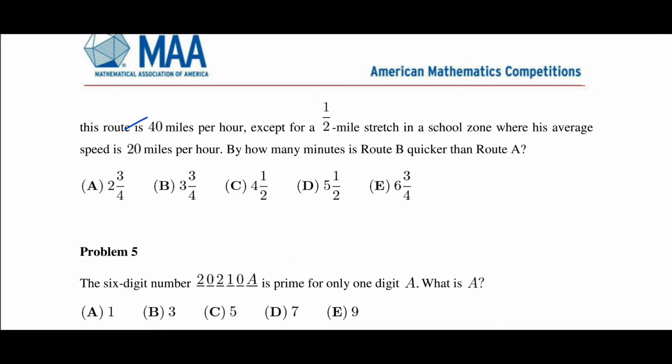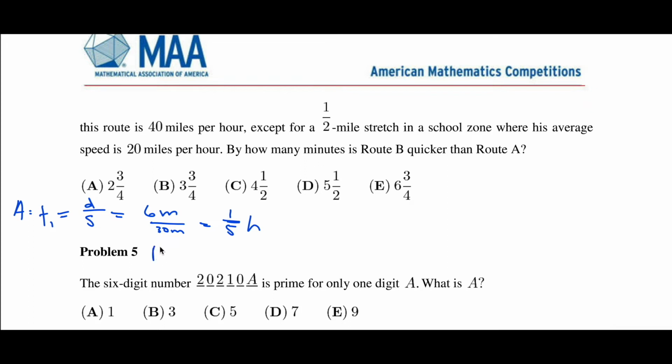So basically what we first do is Route A. So for Route A, you have time 1, which is D over S, and you plug in the information from the question, 6 miles over 30 miles per hour, which is 1/5 of an hour.